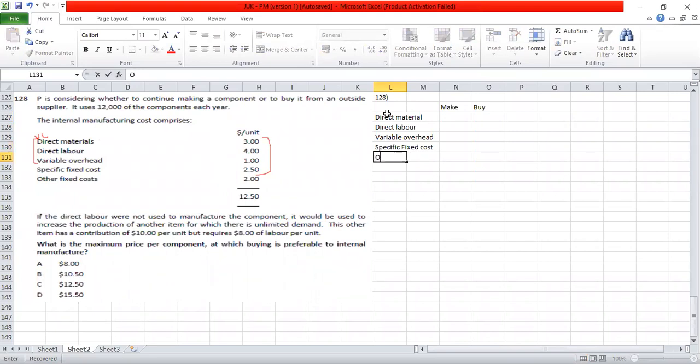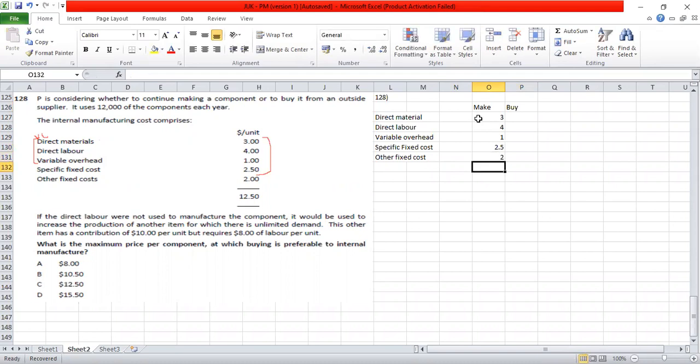And then other fixed cost. Direct material, direct labor, variable overhead, specific fixed cost, and other fixed cost. So all these costs are incurred for making that. 3, 4, 1, 2.5, and then 2.